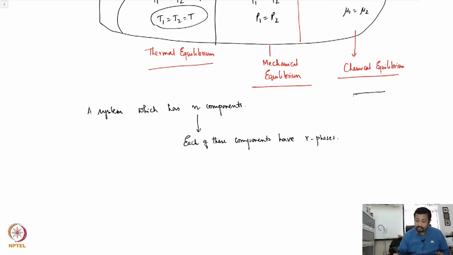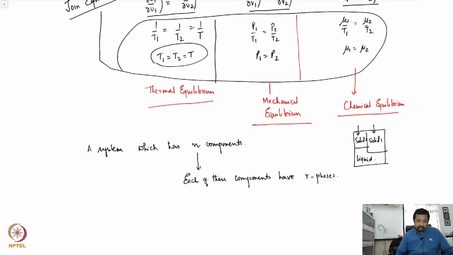For example, I can expect that there is a solid 1, solid 2. So if one of the two components, one of them can be in a phase solid 1 and the other phase solid 2, and the other component can be in a liquid phase. So this is a joint equilibrium that we are talking about.